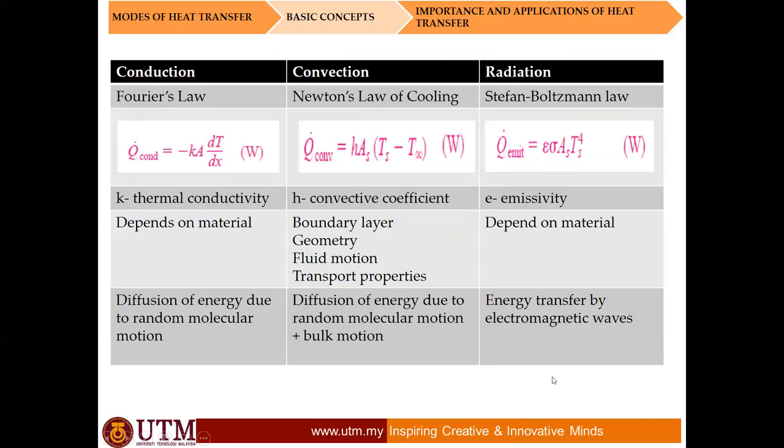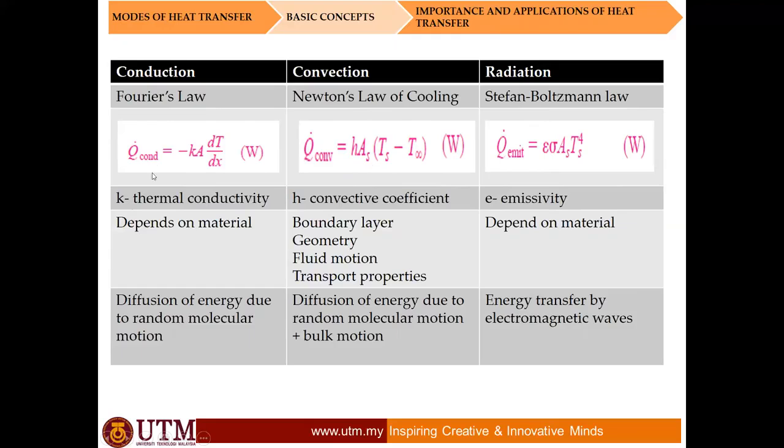So this is the summary of the heat transfer mechanisms we are going to learn. Conduction is governed by Fourier's law, convection by Newton's law of cooling, and radiation by the Stefan-Boltzmann law. Mathematically they are represented by these equations.